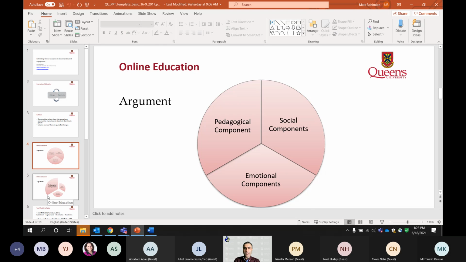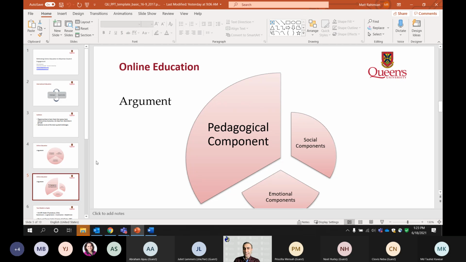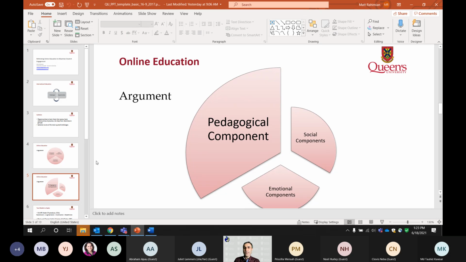However, a lot of times, observing teachers and instructors, we realize that there is much focus on pedagogical content. However, there is less attention to the social and emotional components of learning. In other words, the scholarship of holistic education is not fully fulfilled here.